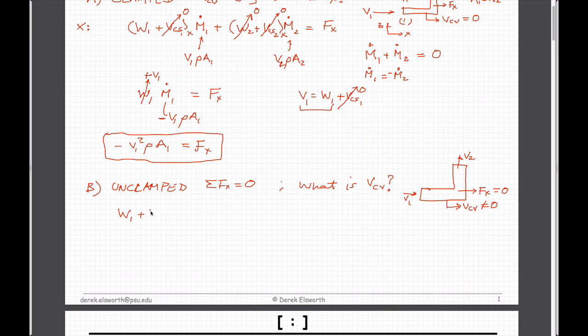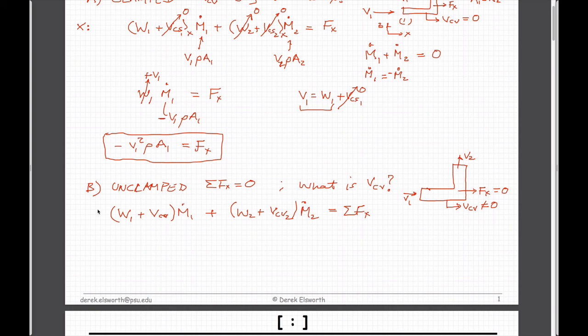W1 plus velocity of the control volume, and control volume and control surface are the same things, times the mass flow rate at 1, plus W2 plus velocity of the control volume at 2 multiplied by mass flow rate at 2 is equal to the sum of forces in the x direction, and we can figure out what's going on.